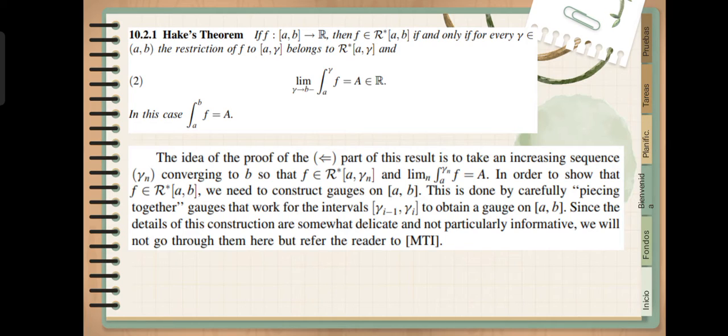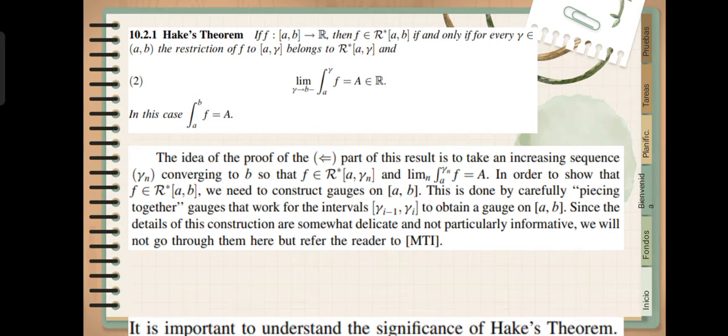This is done by carefully piecing together gauges that work for the intervals [gamma_{i-1}, gamma_i] to obtain a gauge on [a,b]. Since the details of this construction are somewhat delicate and not particularly informative, we will not go through them here, but refer the reader to the text.